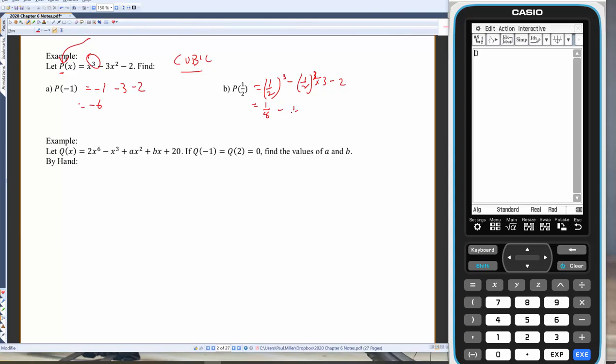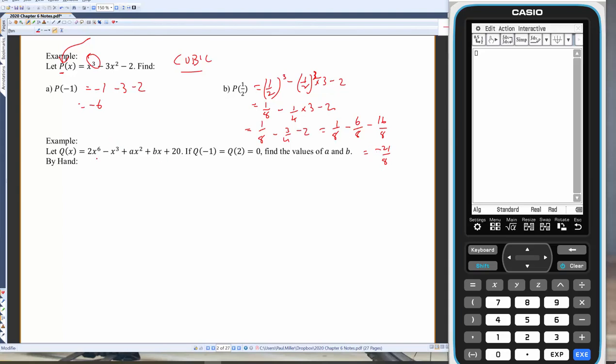Oh, look, let's just do more working out. 1 over 4 times 3. I'm just trying to cut corners here. Every time I do that, I stuff it up. 1/8 take away 3 on 4 take 2. 1/8 take away 6/8 take away 16/8. That's going to be negative 5, negative 15, negative 21 on 8. So P of a half is negative 21 on 8.